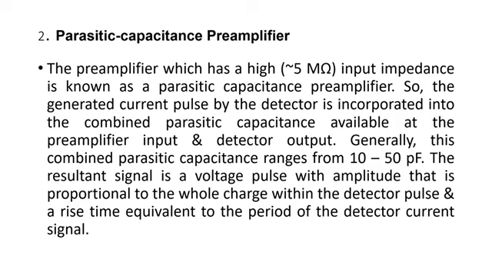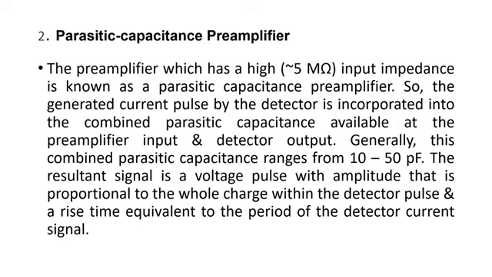The resultant signal is a voltage pulse with an amplitude that is proportional to the whole charge within the detector pulse, and the rise time will be equal to the period of the detector current signal. Since it has a high input impedance, it produces a parasitic capacitance effect. The current pulse generated by the detector is incorporated into the parasitic capacitance available at the preamplifier.